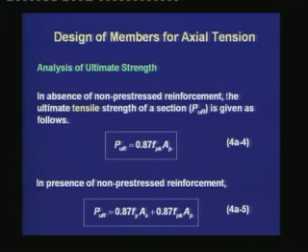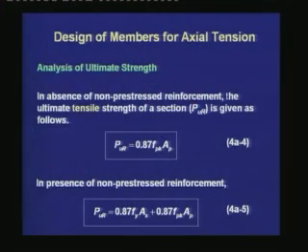Thus, here we are saying that the code limits the maximum tensile stress in the prestressing tendon to 0.87 times the characteristic tensile strength, and hence the maximum tensile strength of the section is given as 0.87 times the characteristic tensile strength times the area of the prestressing steel. Any tensile capacity of concrete is neglected at the ultimate limit state.